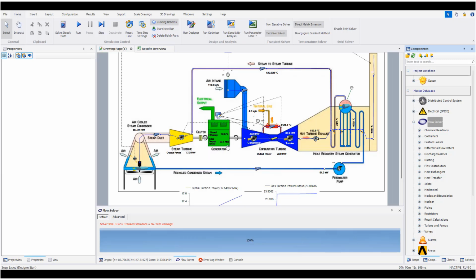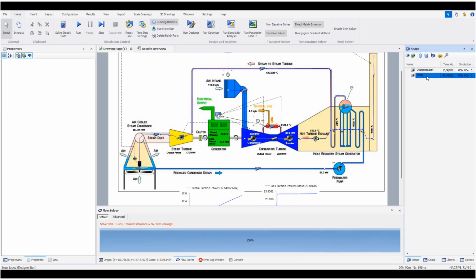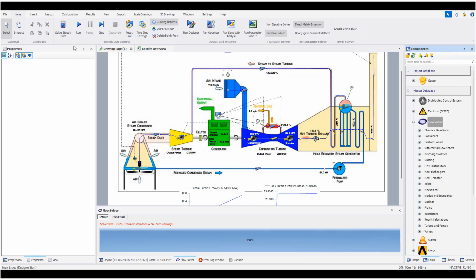So we have combined outputs from the steam turbine and gas turbine, and this is where we can see the total output power and the efficiency. Many components are used here, as you can see, and the way you use it, you first need to initialize it with the snap that is available, and then you go for a steady state solution.